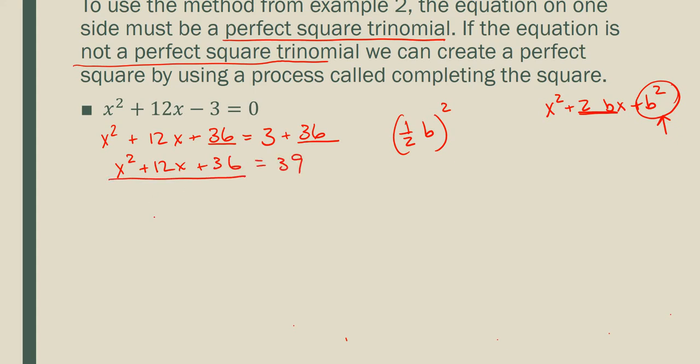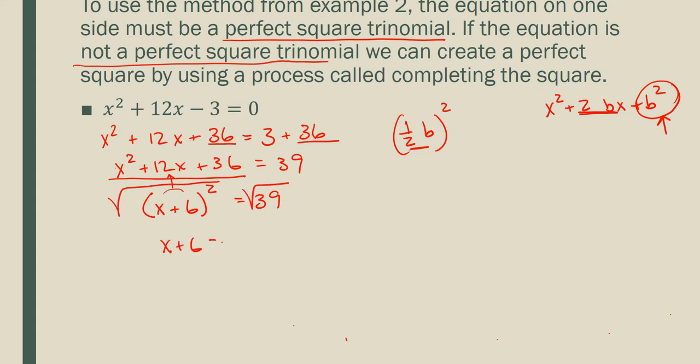This is a perfect square now, x plus 6 squared. Remember my perfect square factoring. x times x is x squared. 6 times 6 is 36. And if I multiply these together and double it, that's why I took half of it, I will get 12 in the middle. Now I can take the square root of both sides.